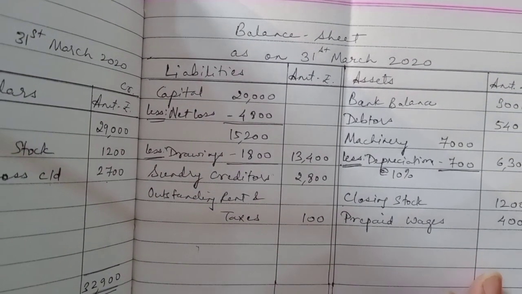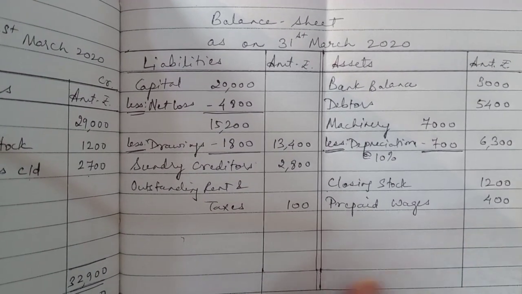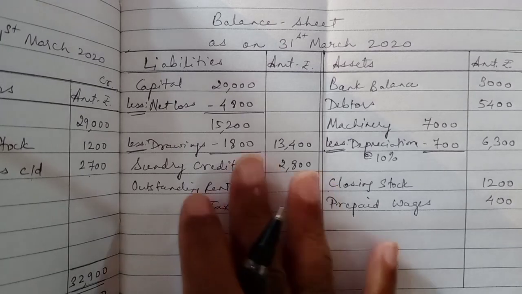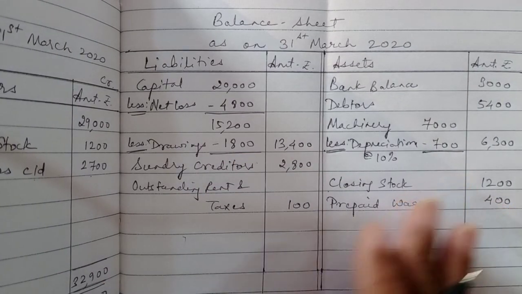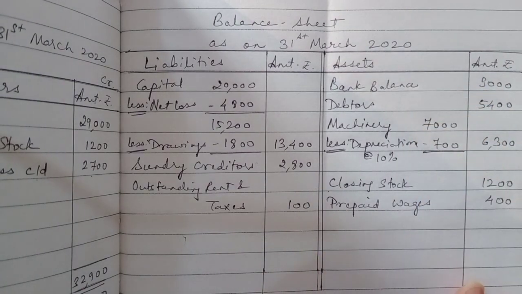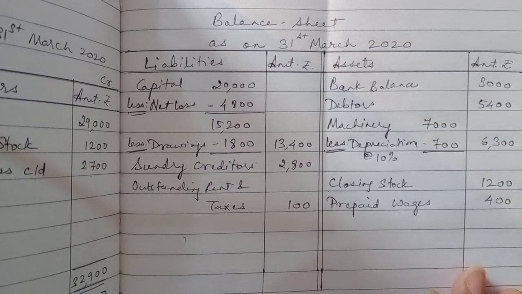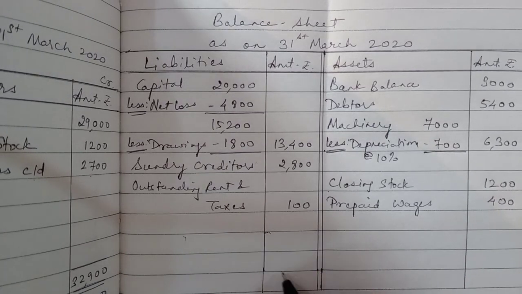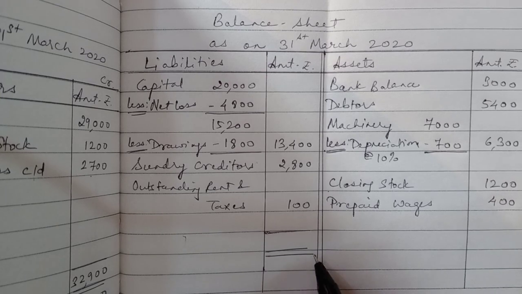Everything is over. The last thing we need to do is check whether the balance sheet tallies. That means the liability side total of the balance sheet and the asset side total of the balance sheet should exactly match. There should not be any difference. So we take the total of the balance sheet.